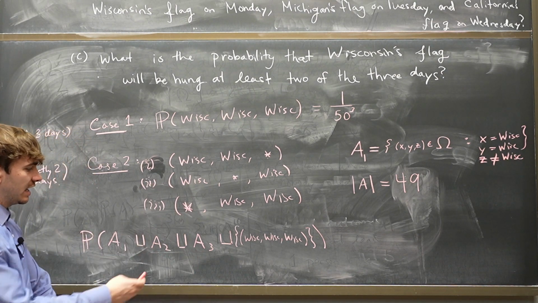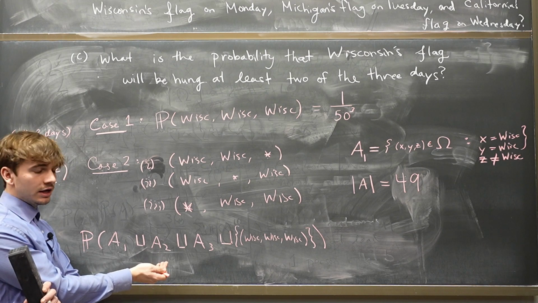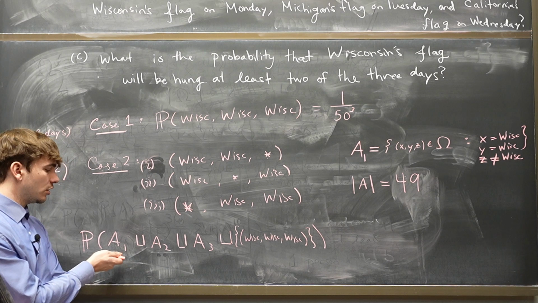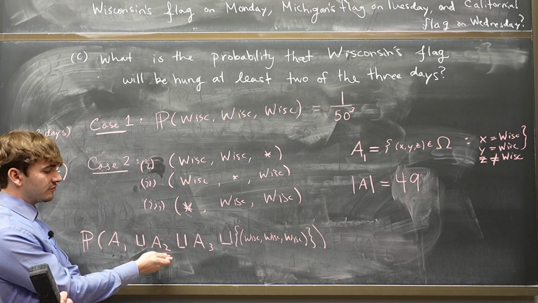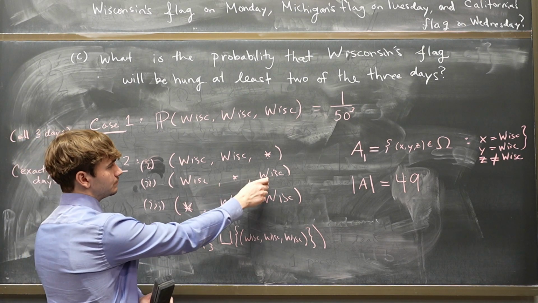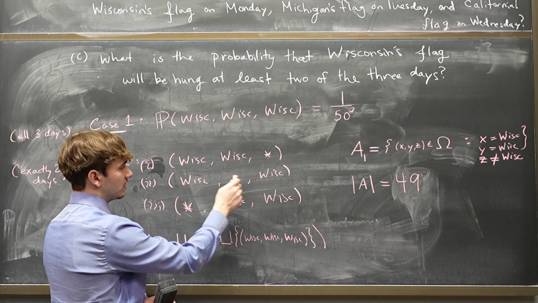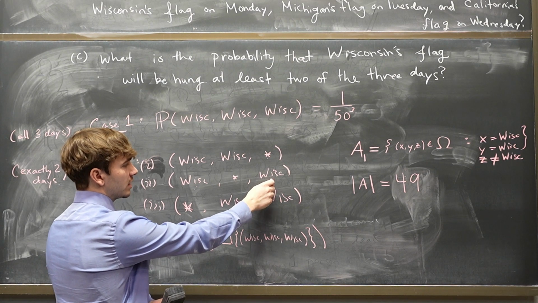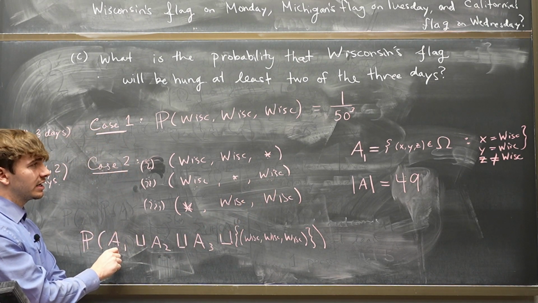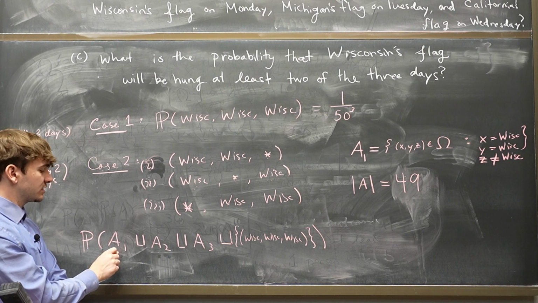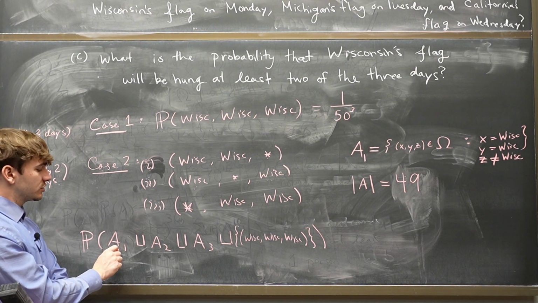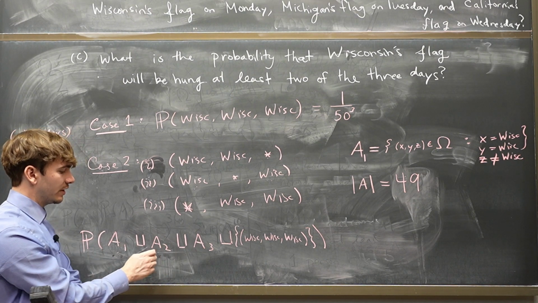So if we look at A2 and A1, there are no outcomes in A2 which also belong to A1, because if my outcome belongs to A2, then I've chosen Wisconsin on Monday and Wednesday. But if I've chosen Wisconsin on Wednesday, then I cannot belong to A1, because we've stipulated in A1 that Wisconsin cannot be chosen on Wednesday. So these are actually disjoint events.